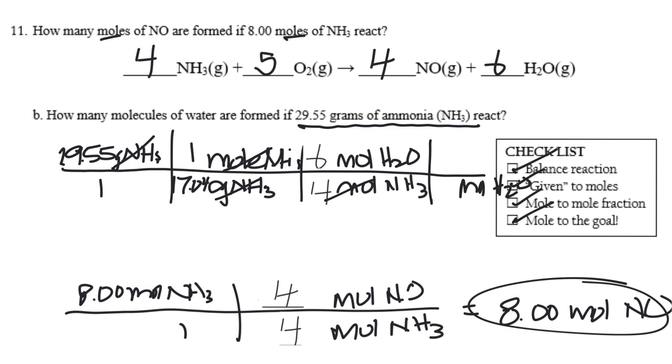And I want to get to molecules of water. So now we're not using a molar mass because we're not using grams. We're not using molar volume because we're not in volume. So what's left is Avogadro's number. So we still can't get away from that.